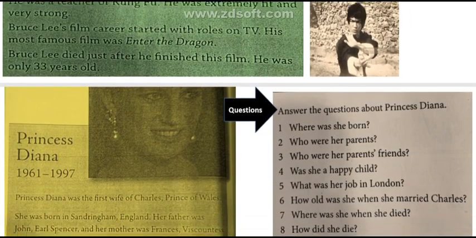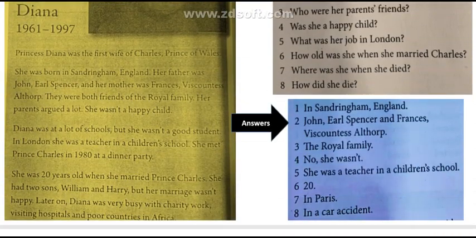Now we come to Princess Diana. We have a text about Princess Diana and also some questions. Princess Diana was the first wife of Charles, Prince of Wales. She was born in Sandringham, England.